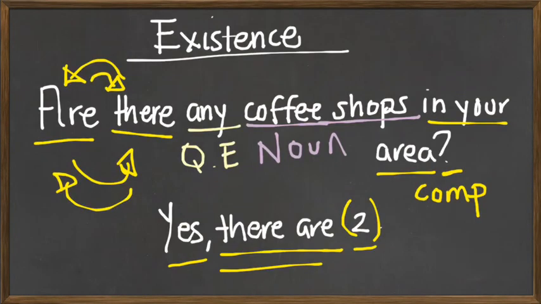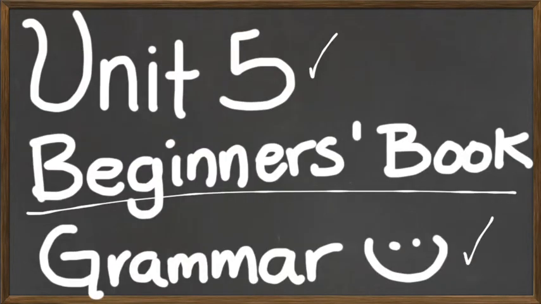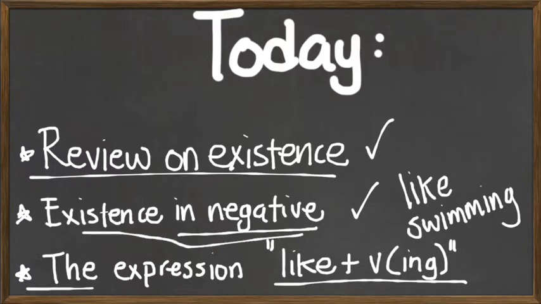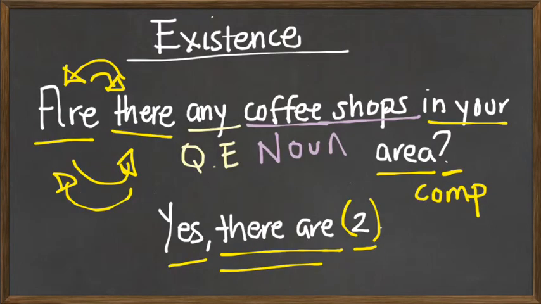Okay, let's recap a little bit. Don't forget that we are checking Unit 5 for your Great Beginner's Book, and we're looking at the grammar. In today's grammar items, we had review on existence, existence in the negative form, and the expression like plus a verb with an ing ending, which makes it a noun.